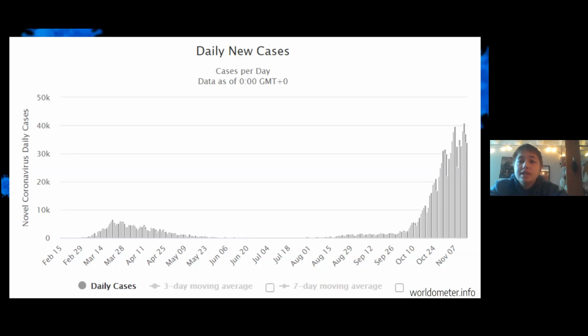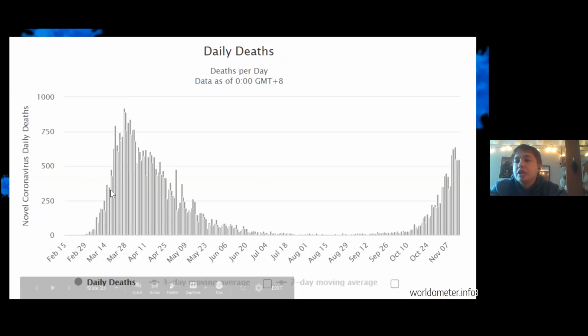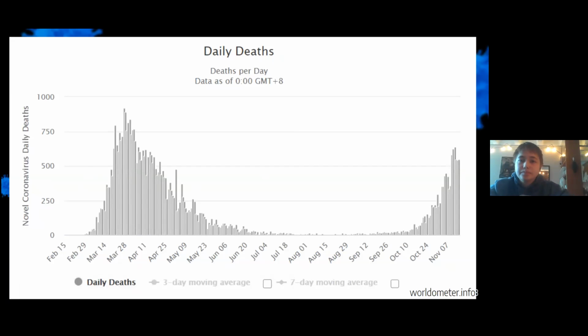And you can see now, in comparison of cases to deaths, there was a much bigger spike in deaths in March and April than recently. This shows how, despite these lockdown policies, there was some overrun of the medical system, of course, which led to a high level of deaths.